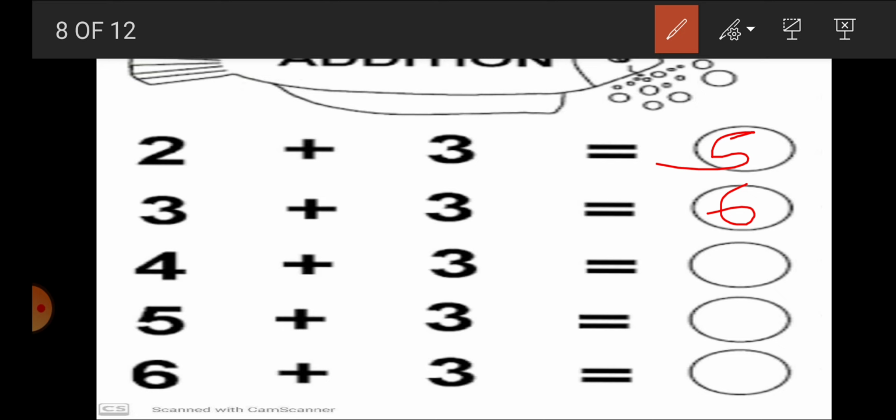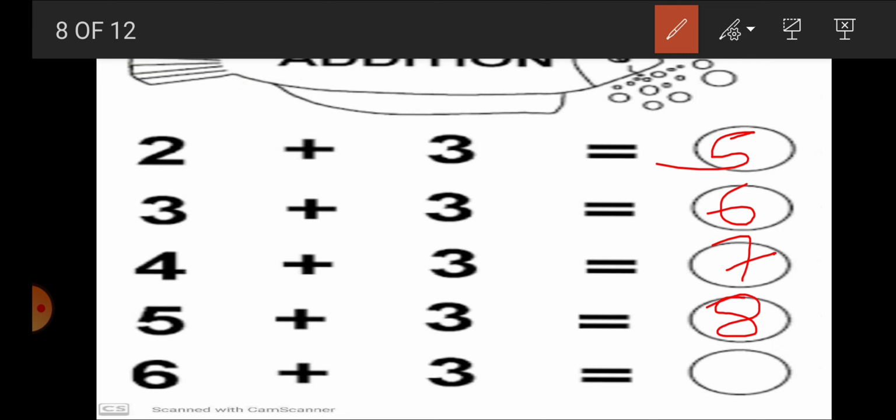After 4 comes 5, 6, 7. What will be the answer? It will be number 7. Now 5 plus 3. Keep number 5 in your mind, then add 3 more to it. After 5 comes 6, 7 and 8. Our answer will be 8.